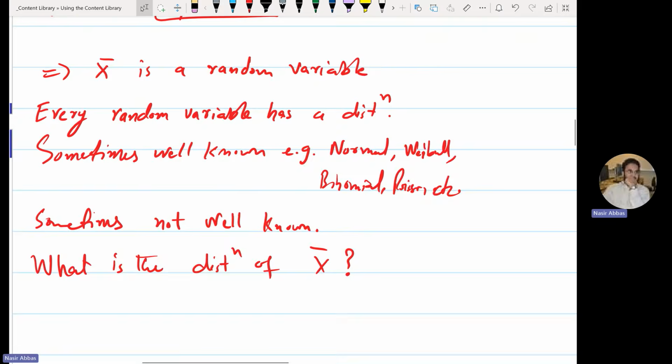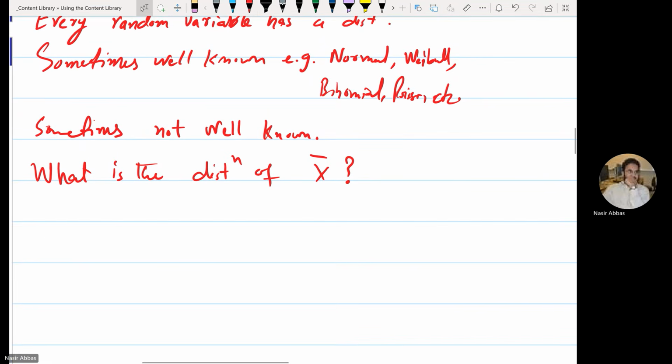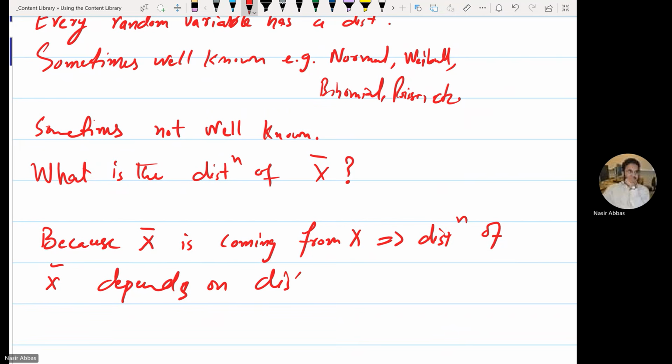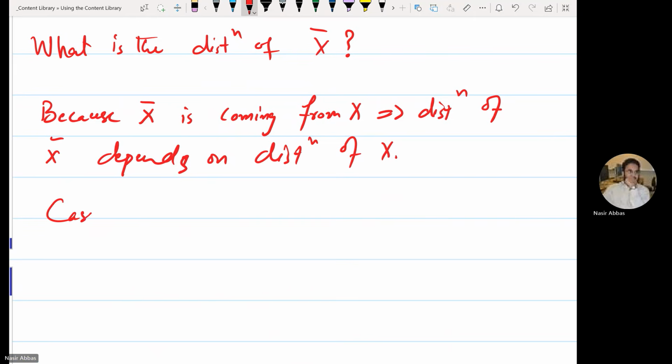The first result, before that result, I will write that one: because X bar is coming from X, this implies the distribution of X bar depends on the distribution of X. Now here I have case number one.